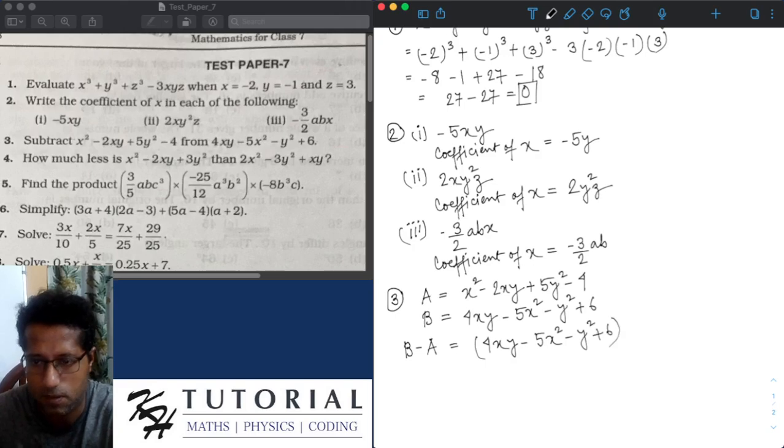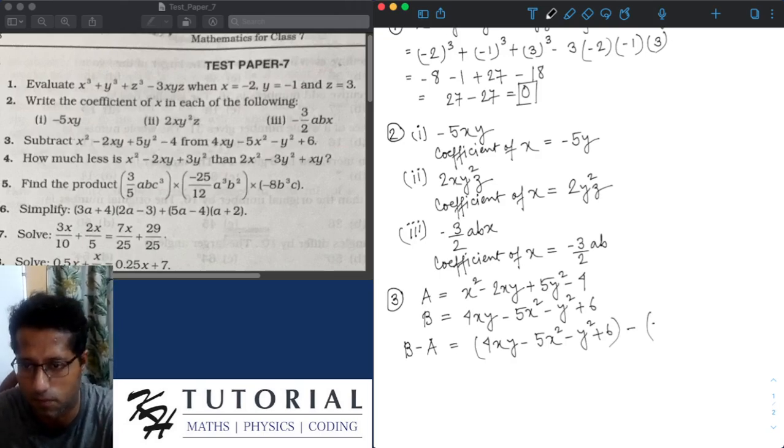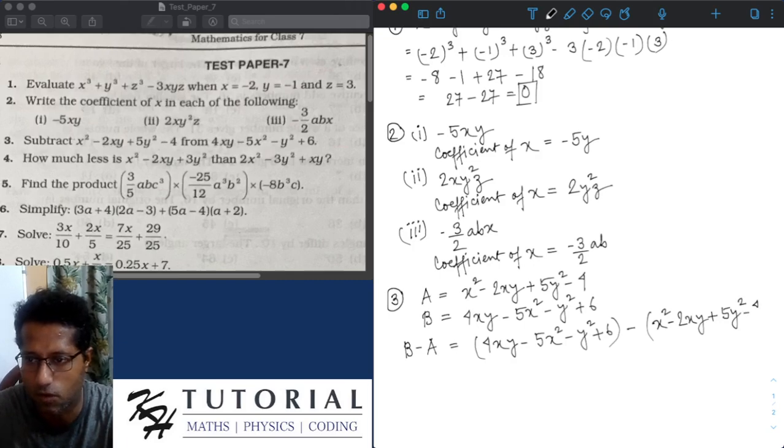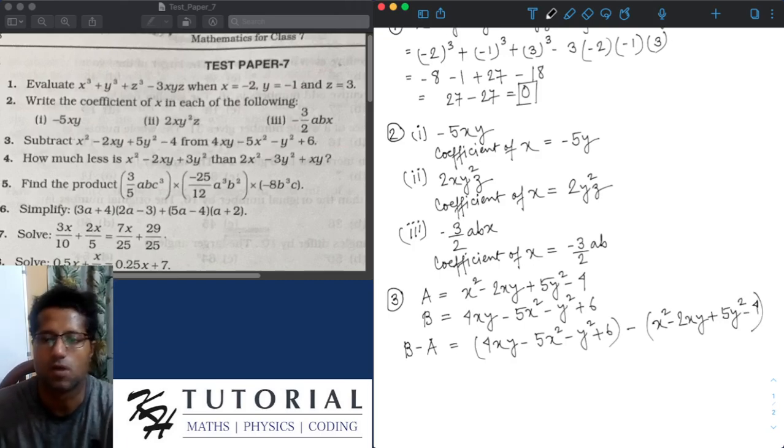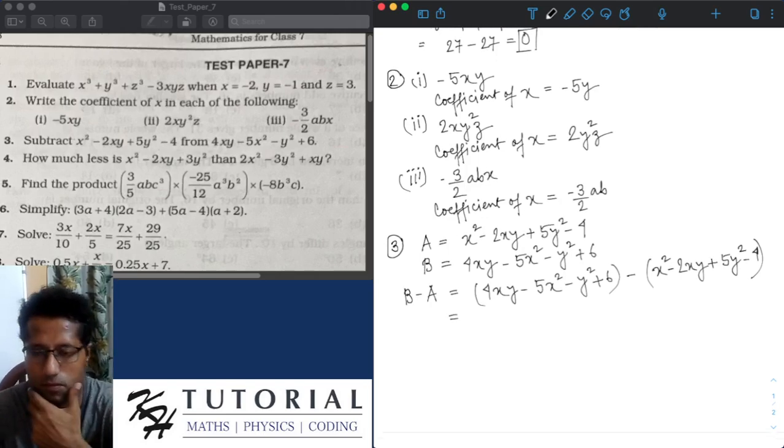Now minus A, the algebraic expression A, I will also write it inside a grouping symbol. So x square minus 2xy plus 5y square minus 4. If we use grouping symbols properly, the solution looks clean, and you will also not make any mistakes.